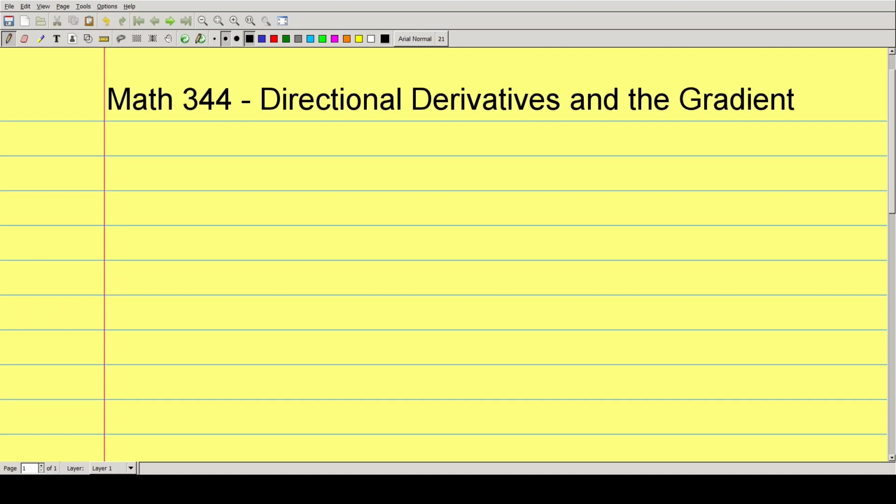Section 14.6. Okay. So for directional derivatives, we've already actually discussed 2 very specific directional derivatives.